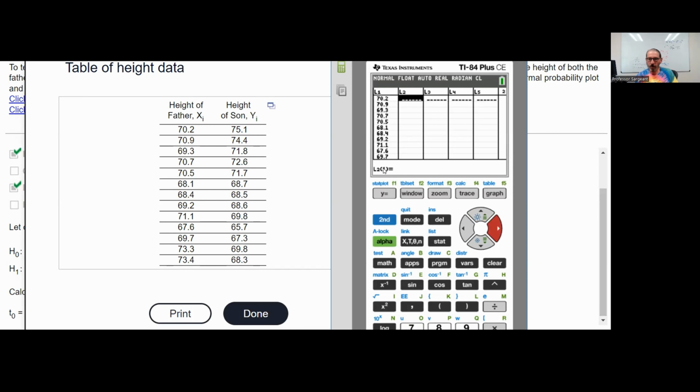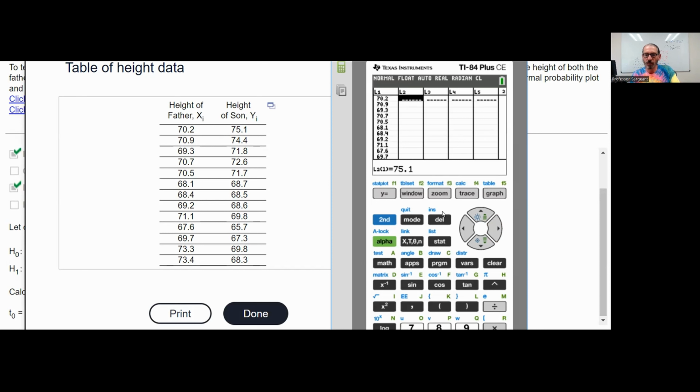The particular pairing, this son that's 75.1 inches tall, is matched with that father that was 70.2 inches tall. If I leave something out, I might have to use the insert button if I go back and fix things.